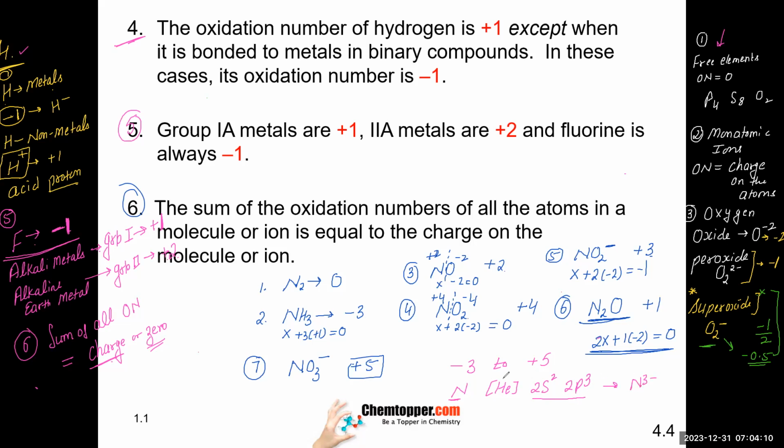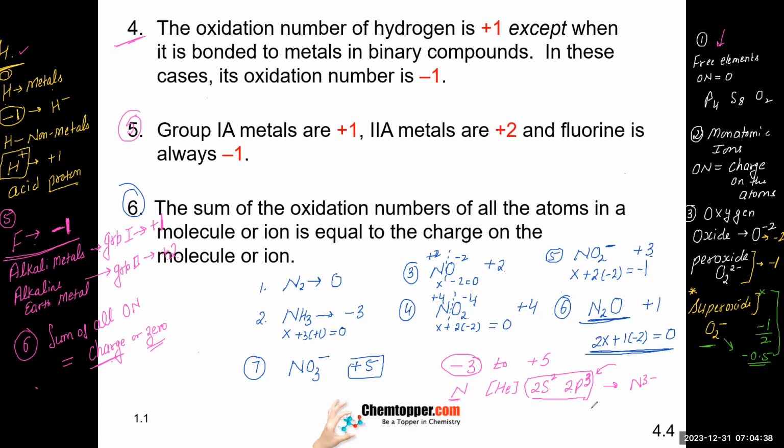So the lowest oxidation number for nitrogen is minus 3, like for oxygen it is minus 2. It cannot have minus 4. It cannot have minus 5. You're understanding this, children? So maximum nitrogen can gain only 3 electrons because of its electron configuration. You know the reason why? Because after gaining 3 electrons, it will become 2p6.